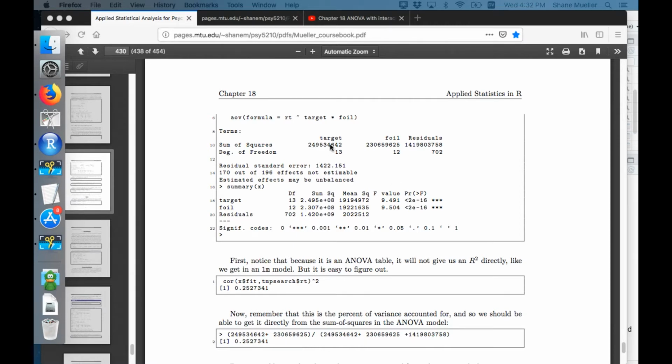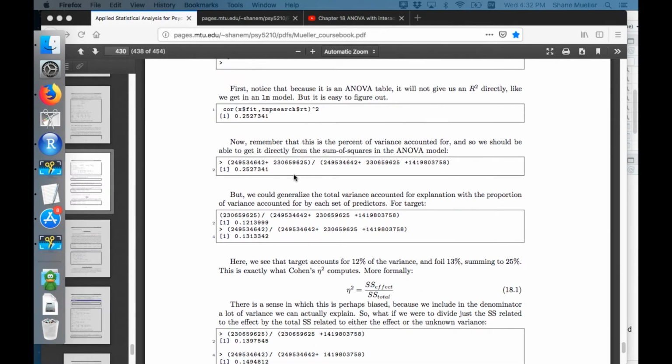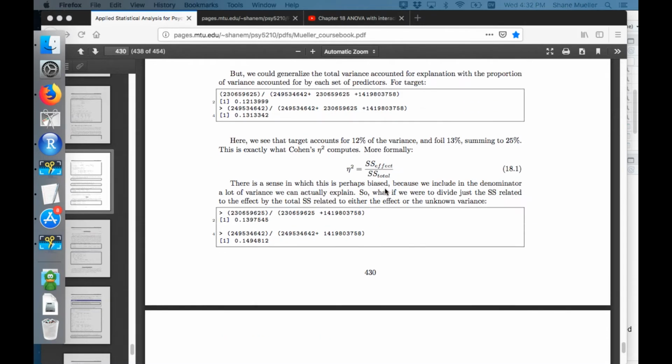It's nice that you don't have to think about it, but it's nice to know what the effect size is just by looking. You can see, oh, it's going to be this much divided by all of them. So that's eta squared.